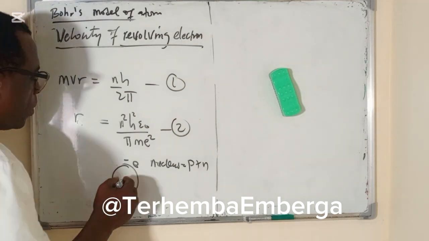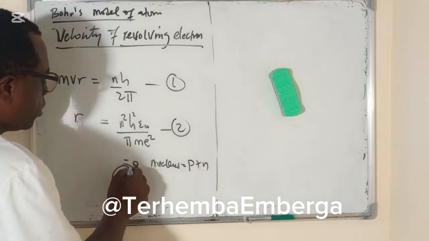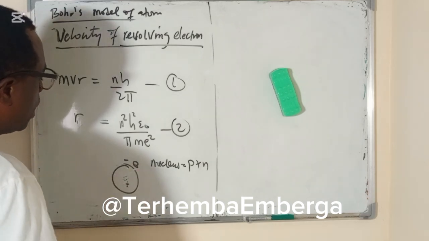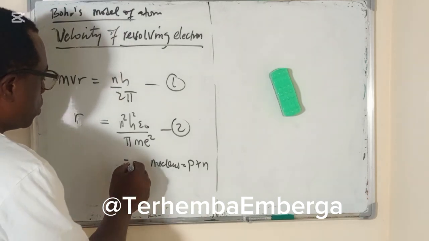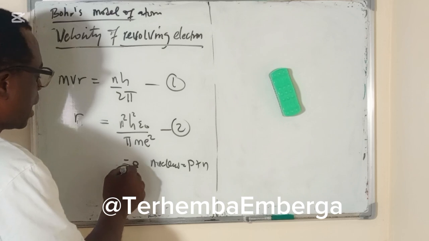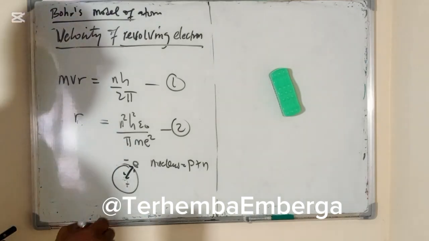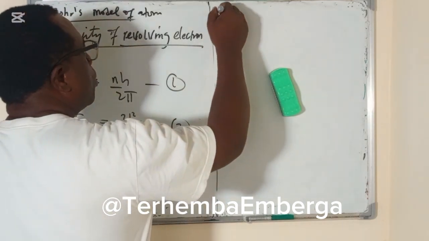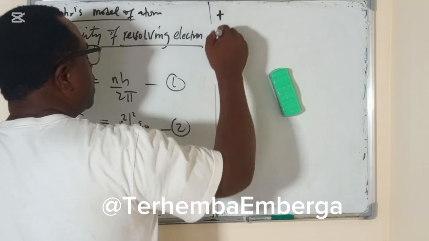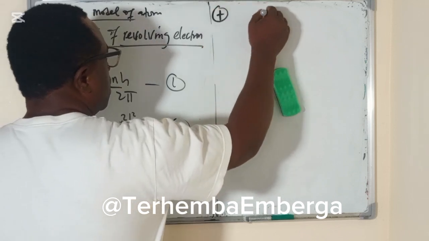And we also know that the force that exists between the proton or the nucleus and the electron is an attractive force, because the nucleus is positively charged and the electron is negatively charged.